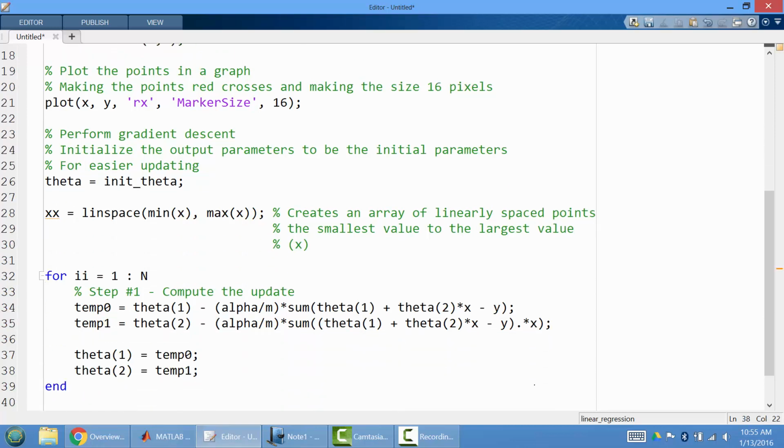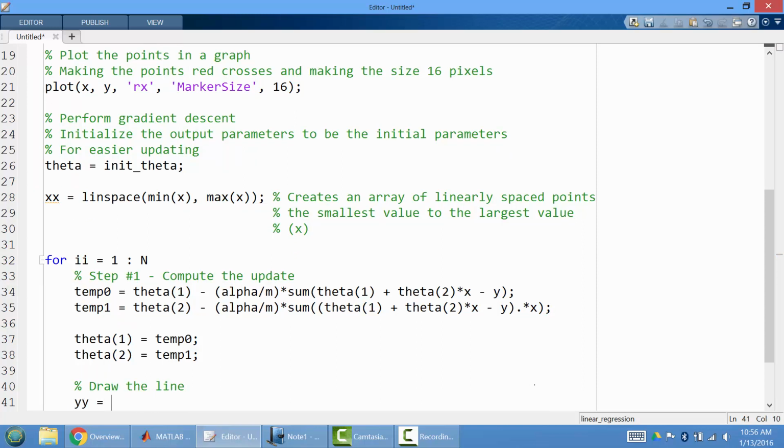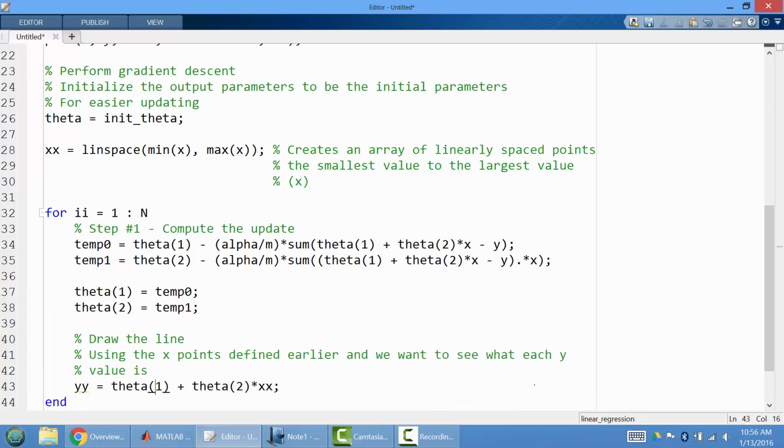Then we're going to draw the line. So you do y equals, using the x points defined earlier, and we want to see what each y value is. Then you predict those points, and then we can plot the line.